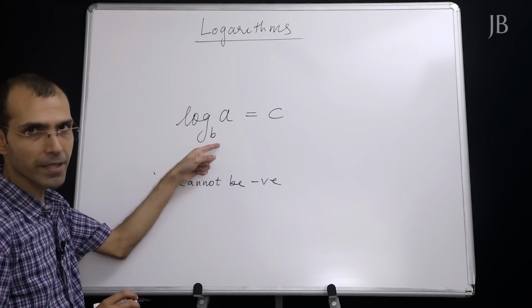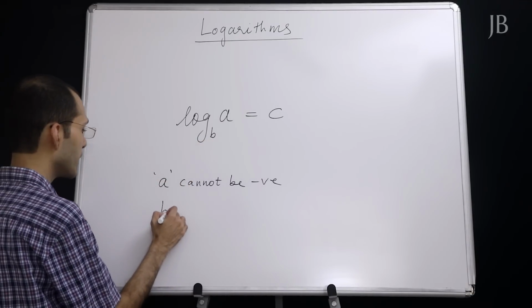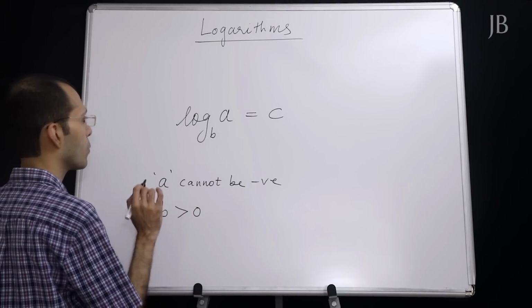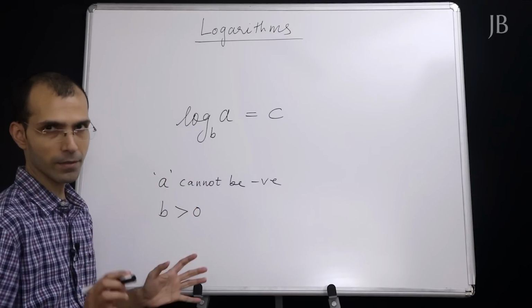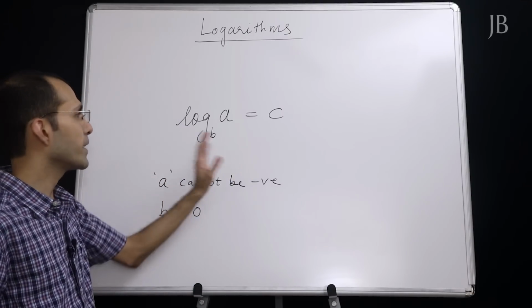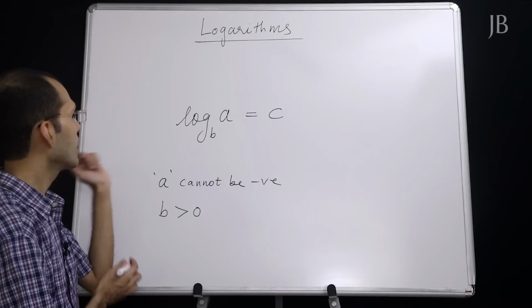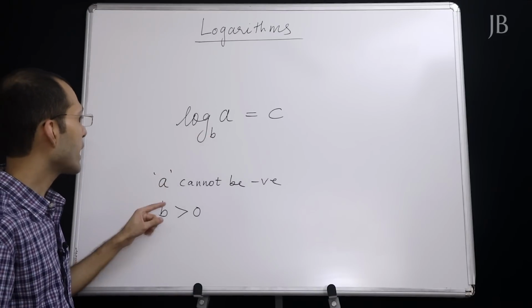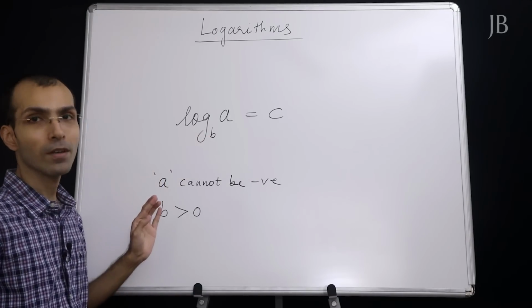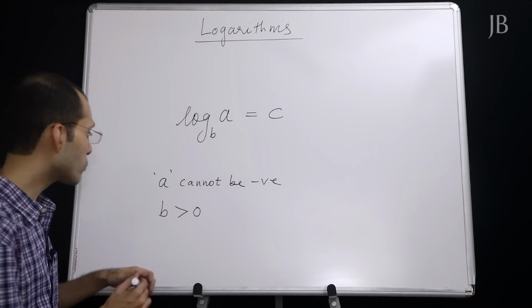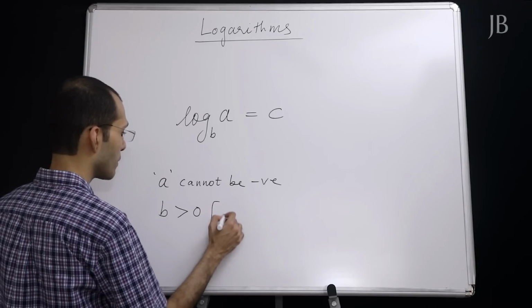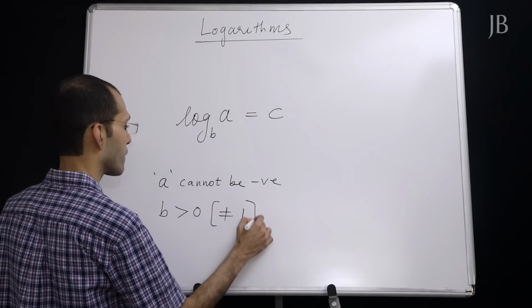Second, this base b should be greater than 0. Log of a negative number is not defined for us. So a cannot be negative. Then b has to be greater than 0. Again the base cannot be negative. B will have to be greater than 0 but not equal to 1.